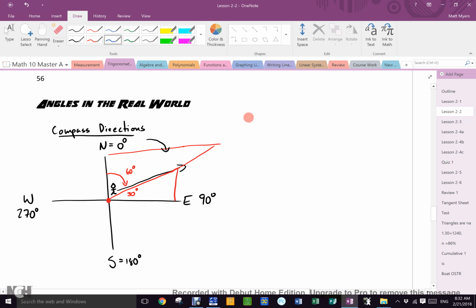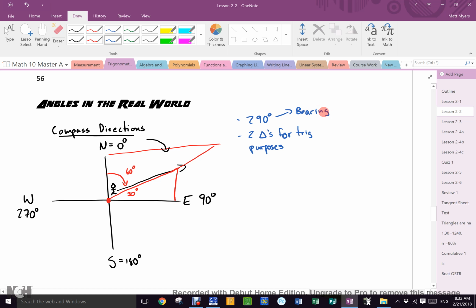So the first thing, I'm going to walk 290 degrees, and I want two triangles for trig purposes. This 290 degrees is what we call a bearing.